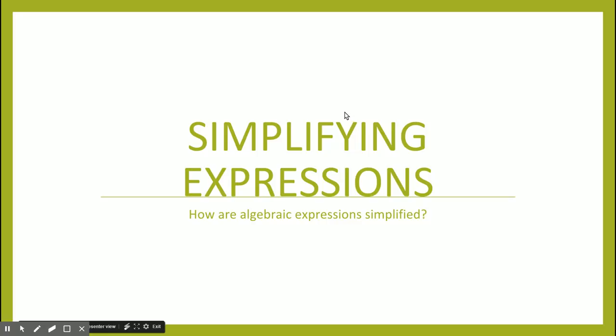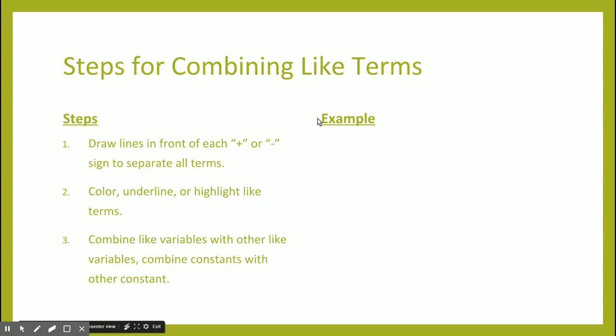So first, let's go over simplifying expressions and how we basically simplify algebraic expressions. The first step is to think about what's called combining like terms. When we combine like terms, we are looking at an algebraic expression that looks something like this.